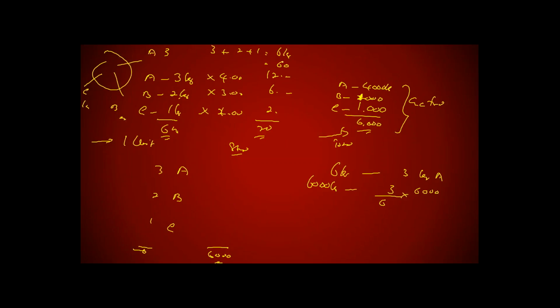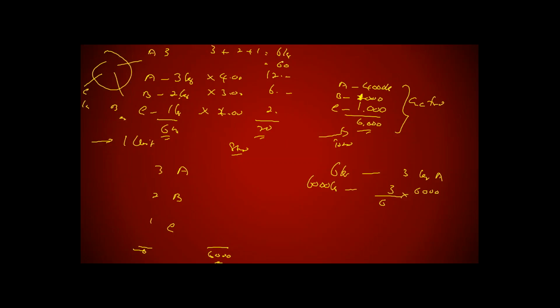For every 6, you must have 3 of A. If you put 60 kilograms, how much of A? 180. No, the total for the mix. For A, how much? 180. How did you get 180?